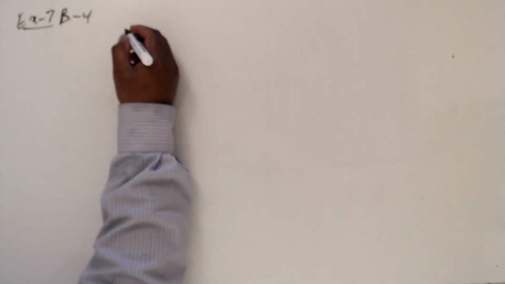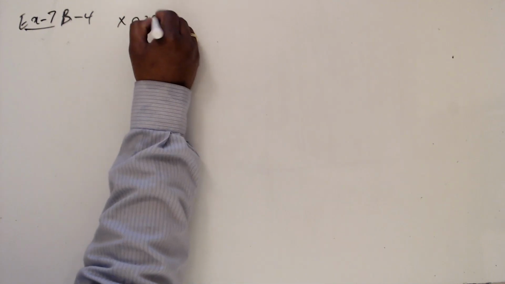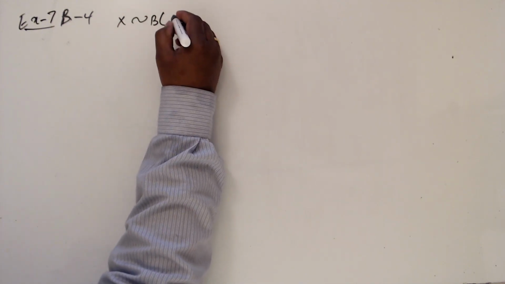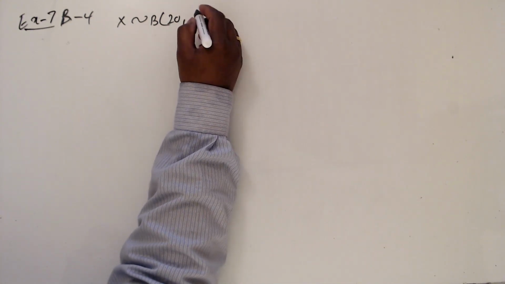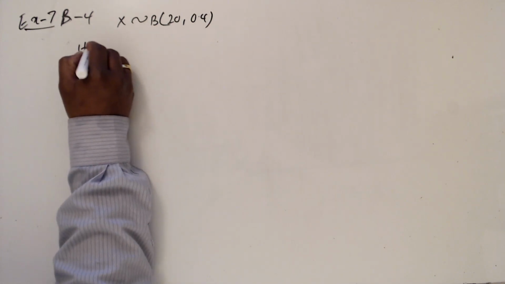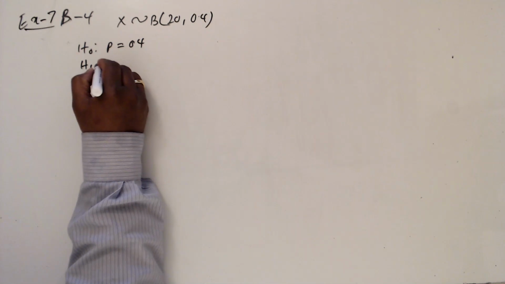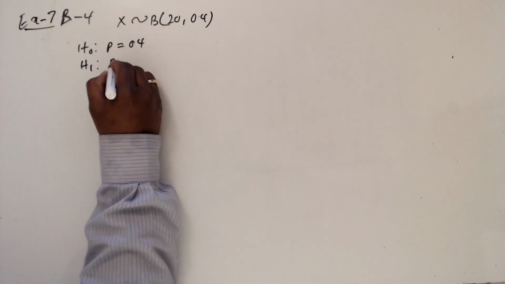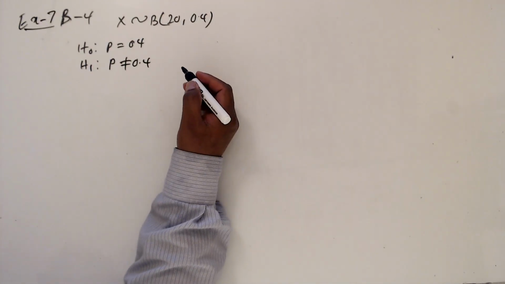Number 4. Same as this, the distribution follows binomial, 20 and 0.4. Now H0 is p equals 0.4, and H1 is p not equal to 0.4, which means this is going to be a two tails test.